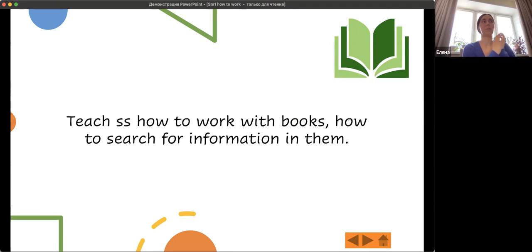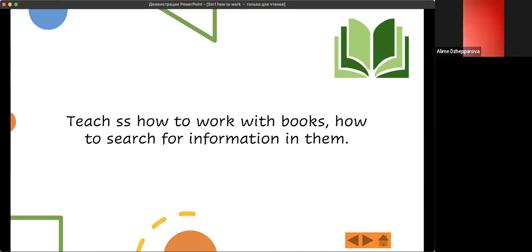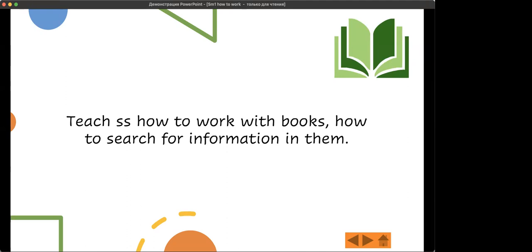When they have homework, for example, to color the color words, you have to explain to them where they can find this information. So I open my class book, I see this, and I can do my homework. Searching for information is very important.